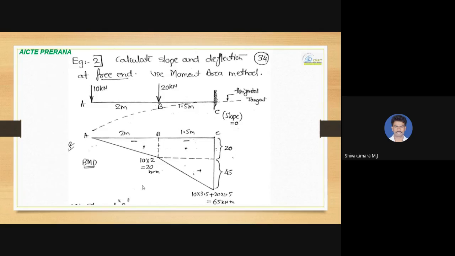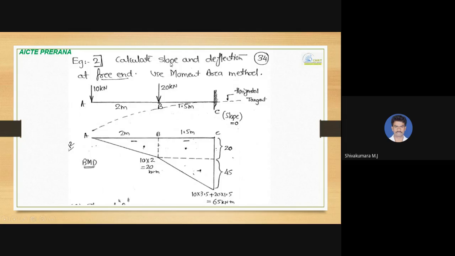So for that, we need to draw the bending moment diagram. 10 into 2 meter is 20 kilonewton meter at B. And then when you take a moment at C, it is 10 into 3.5, that is 35, and then plus 20 into 1.5, it is 30. 30 plus 35, totally 65 is the moment at C. Okay. So this is how the bending moment diagram will come.